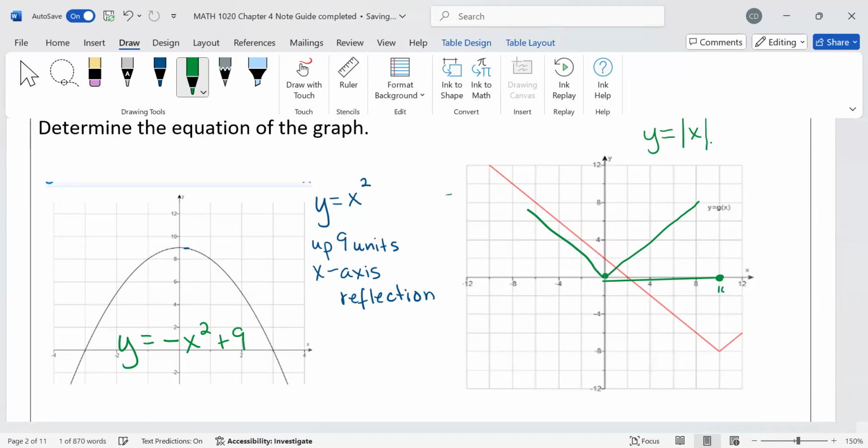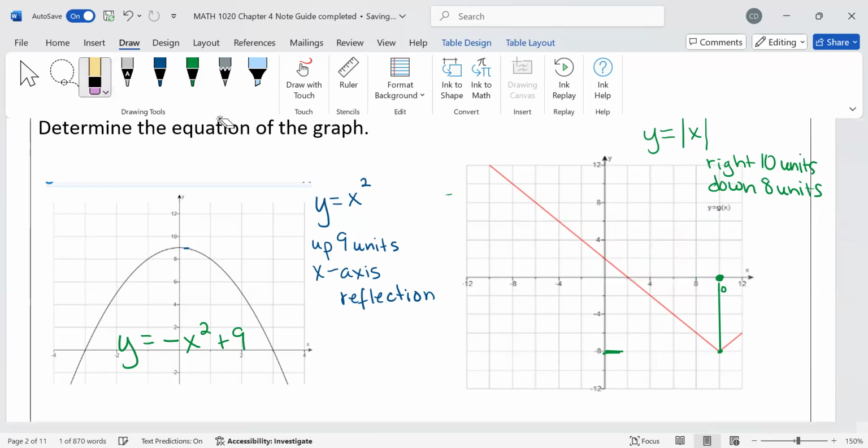That's 8, 10, 12. So we went right 10 units. And then we went down 8. Right 10, down 8.